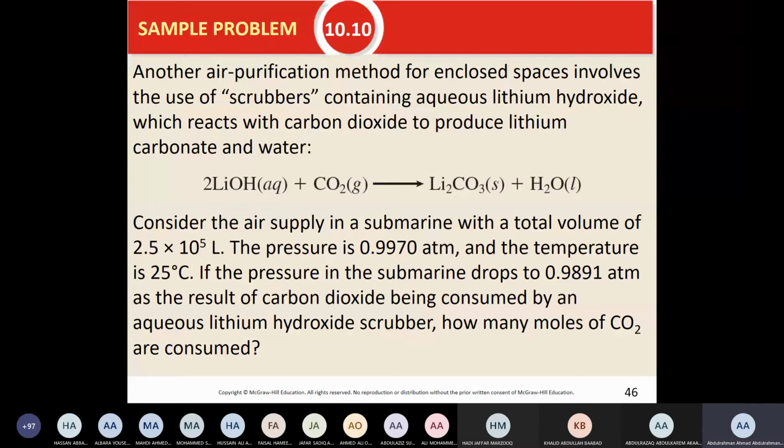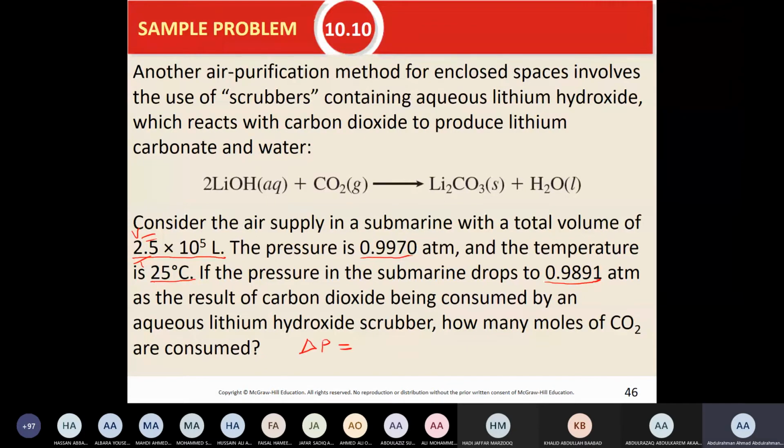The volume is constant, it's 2.5 times 10 to the power 5, and the temperature is room temperature at 25 degrees C. The pressure dropped from this number to this number. Then what's the drop in the amount of CO2? Can you calculate delta P?